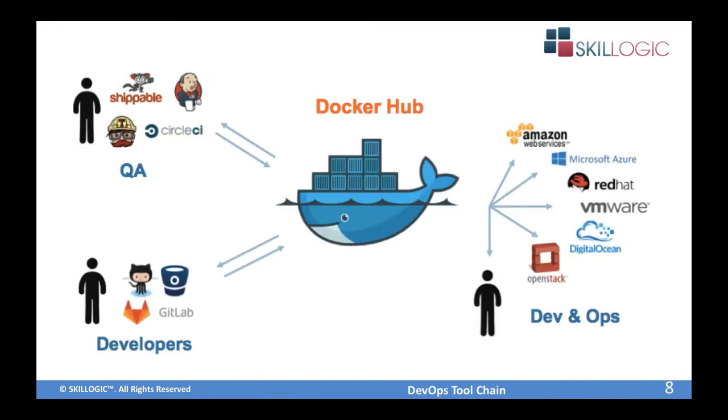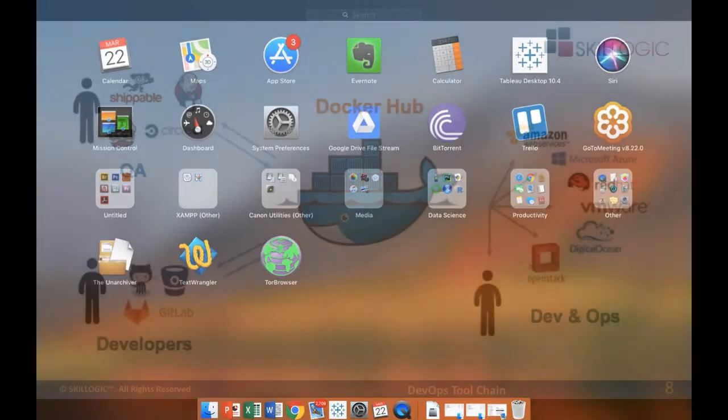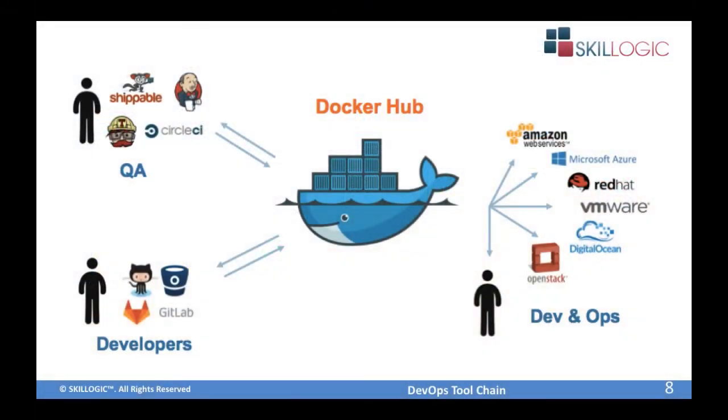So this is Docker Hub, and it has more or less almost all the software you probably use in today's world as a well-configured image. Let's quickly go to Docker Hub.